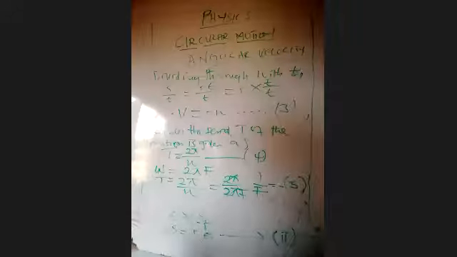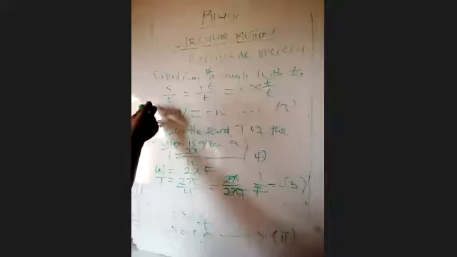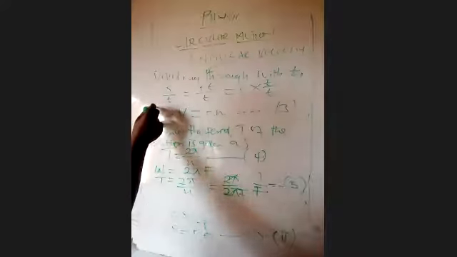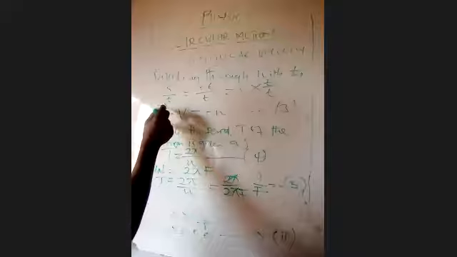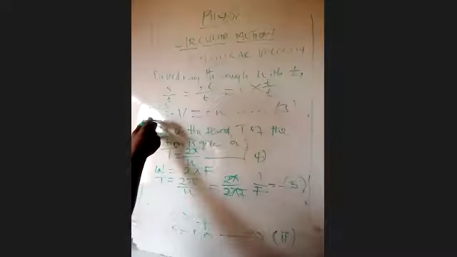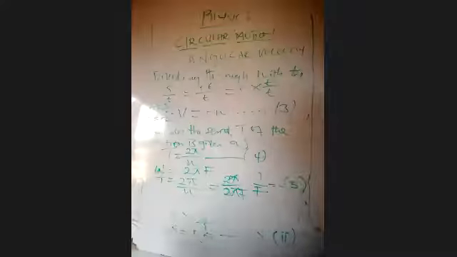When we cross multiply theta equals S all over R, we end up with S equal to R theta.